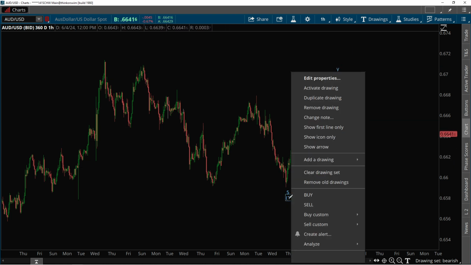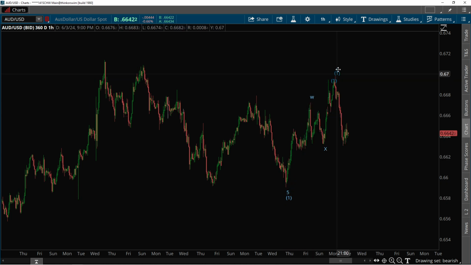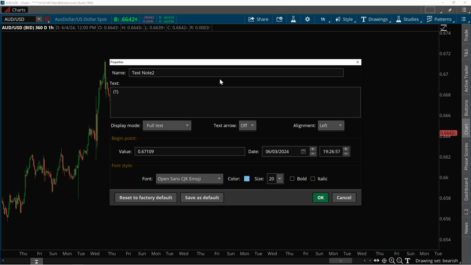All this can potentially be your wave 2, all right? And you're getting ready to come down for a wave 3. Now this is just one possibility, all right?